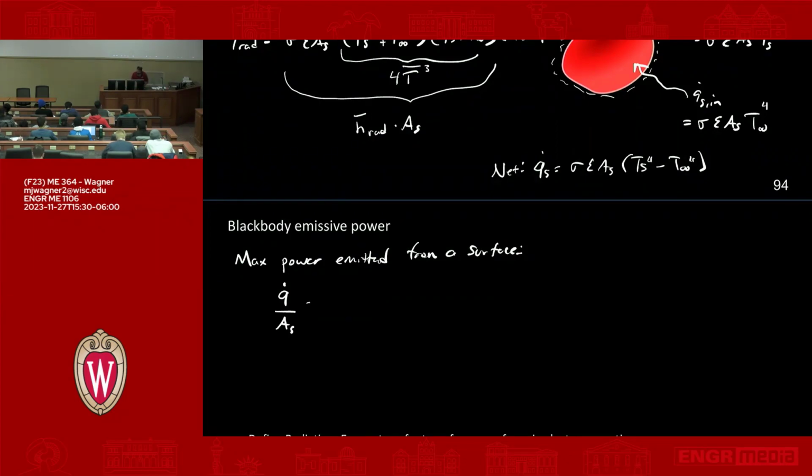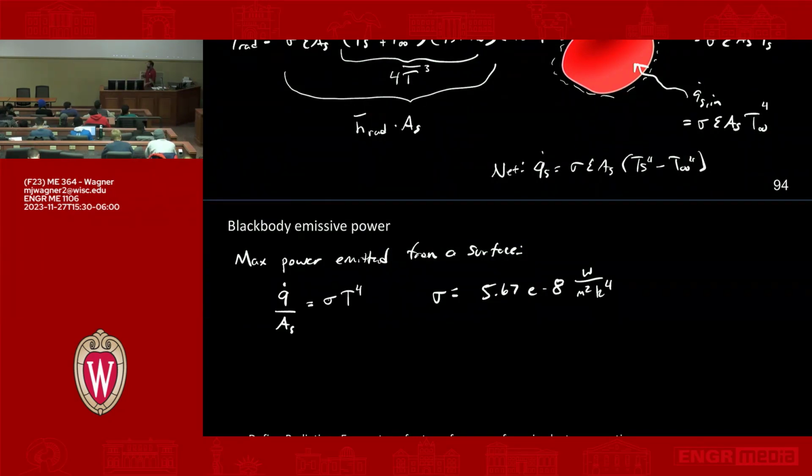That is equal to sigma times T to the fourth, where sigma is 5.67 times 10 to the minus eighth. Units are watts per meter squared Kelvin to the fourth, the Stefan-Boltzmann constant.